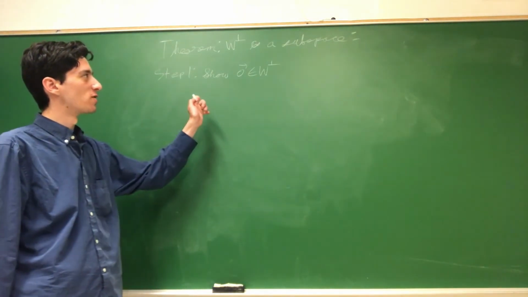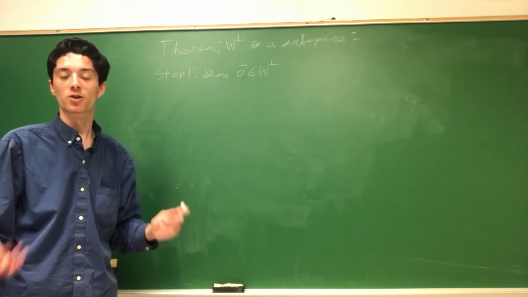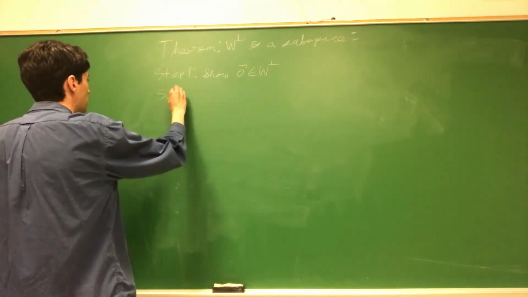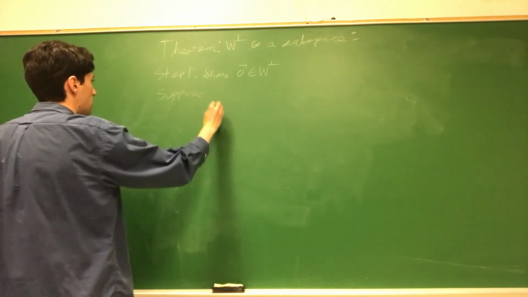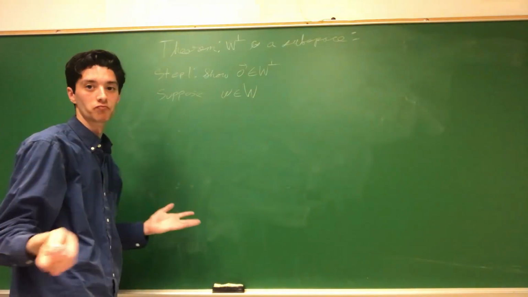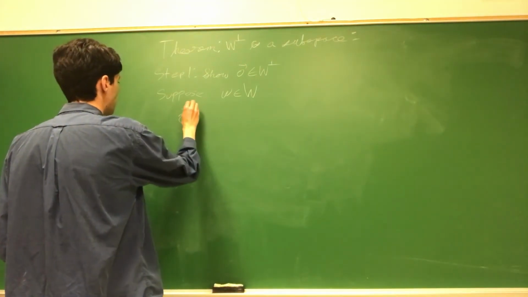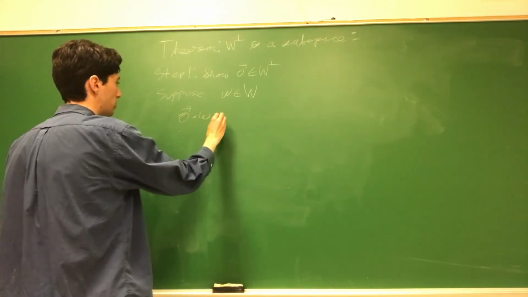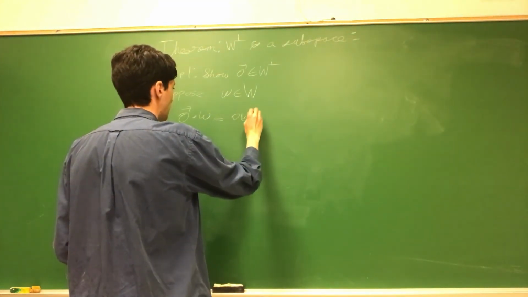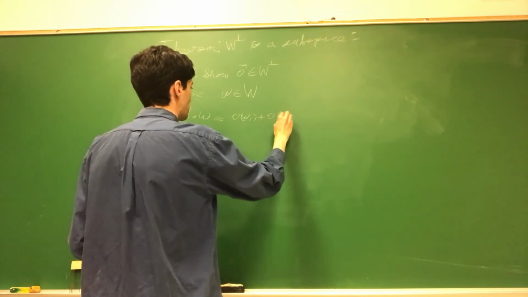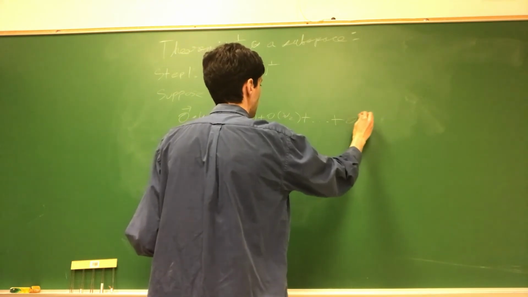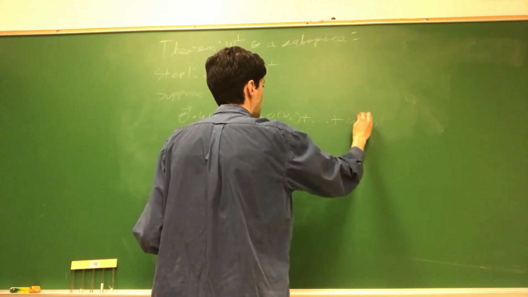So first, we want to show that the 0 vector is in the orthogonal complement of W. So we can suppose that w is just some arbitrary vector in our vector space W. Then the 0 vector dot w is, well, it's 0 times w1 plus 0 times w2 plus all the way up to 0 times wn.